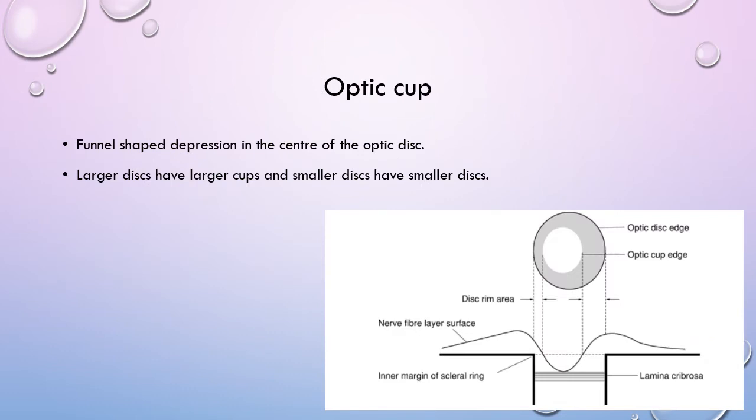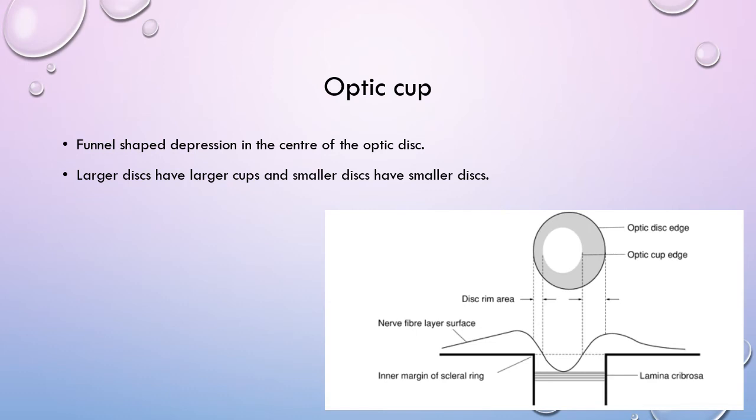Now, the optic cup. Optic cup is a funnel-shaped depression in the center of the disc. So if you see the disc, in the center you will see the optic cup. Now, what is the importance of larger discs and smaller discs? Larger discs have larger cups, and they can be misdiagnosed as glaucoma.